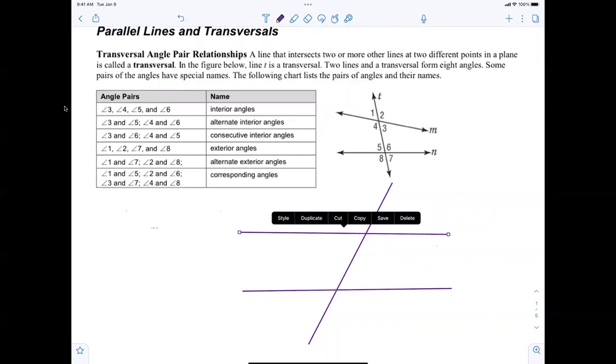I never really understood why people had trouble with these words, until I figured out that they didn't realize they were talking about the two lines that were being cut by a transversal. A transversal is just a line that goes through two other lines.